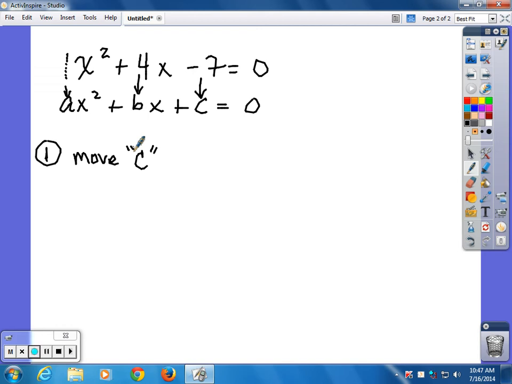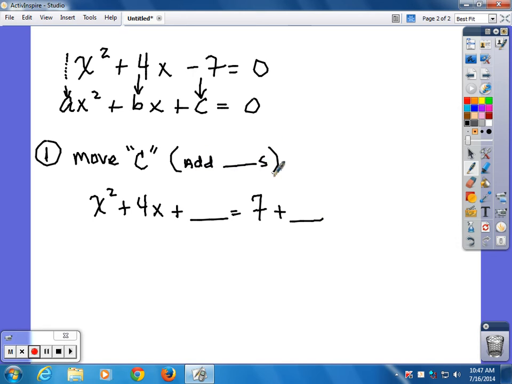Okay. So I'm going to move C. Here we go. X squared plus 4x plus blank is equal to 7 plus blank. And I also tell students that when they move C, also add blanks on both sides.